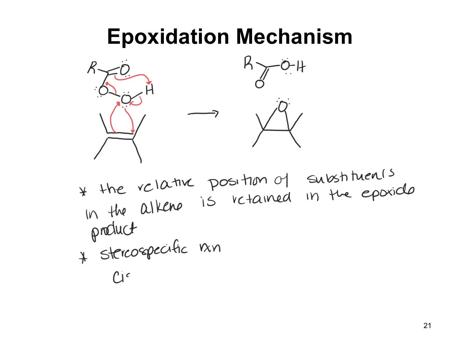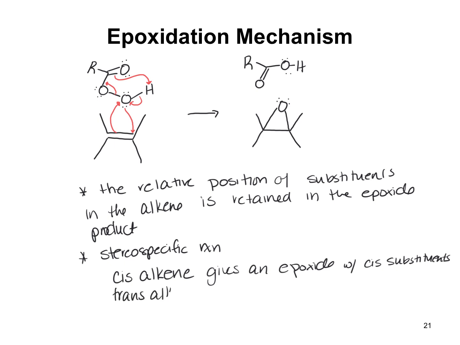And so a cis alkene gives an epoxide with cis substituents, and a trans alkene gives an epoxide with trans substituents.